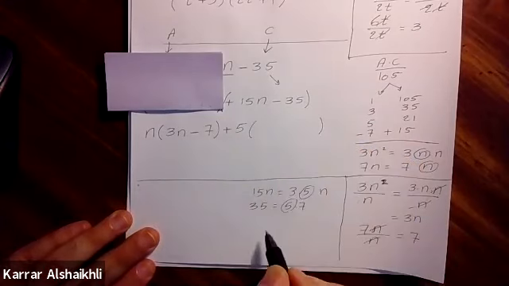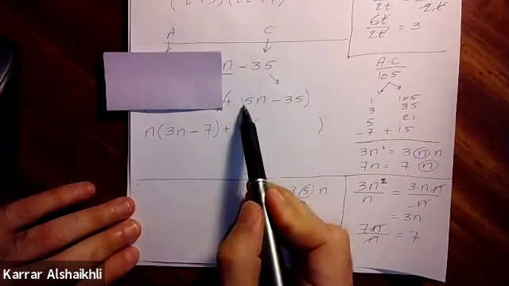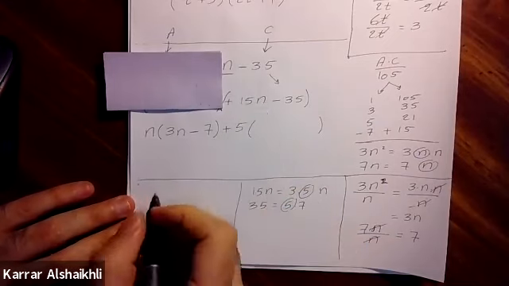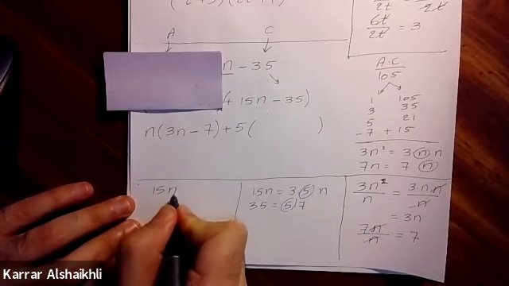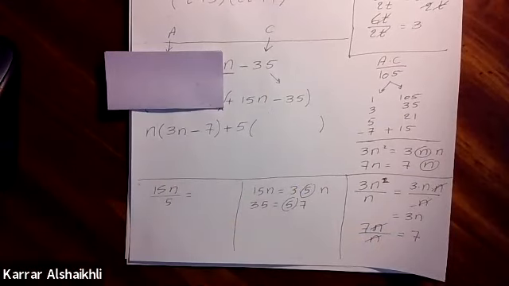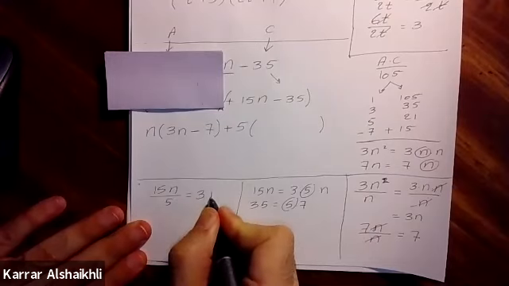Now, the next step, we're going to divide. 15n divided by 5. How much is going to be the result? 15 divided by 5 is 3, and there is no variable here, so I'm going to write down the n.